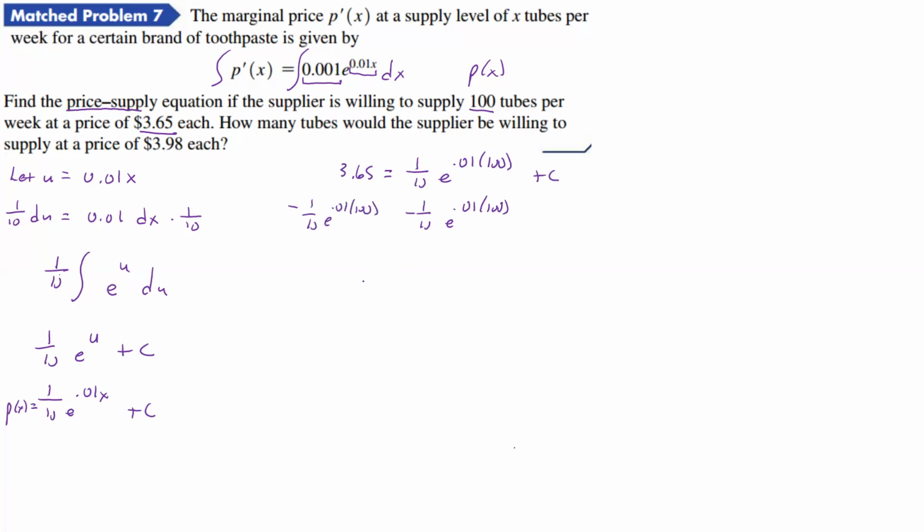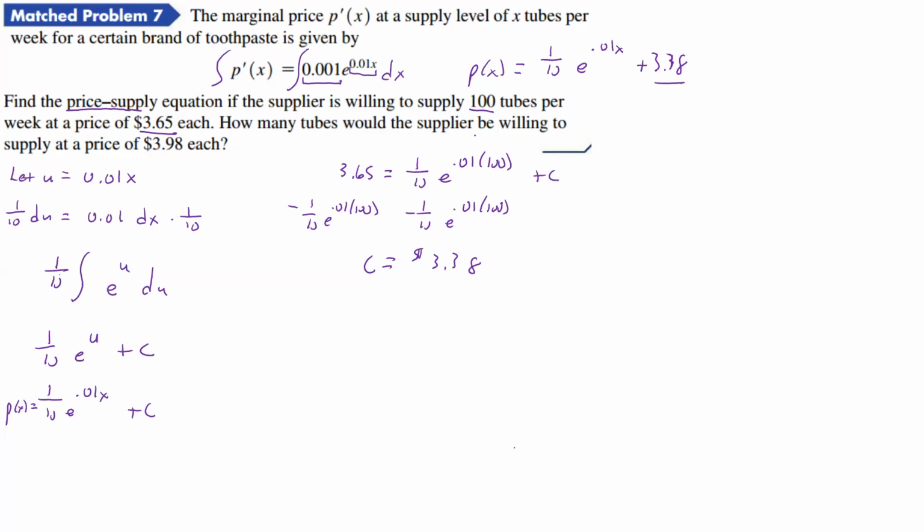What we find is that C, since this is in dollars, is equal to 3.38. So our original P of x equation is P of x equals 1/10 e to the 0.01x plus 3.38. That's my equation after doing the indefinite integral, solving for C.